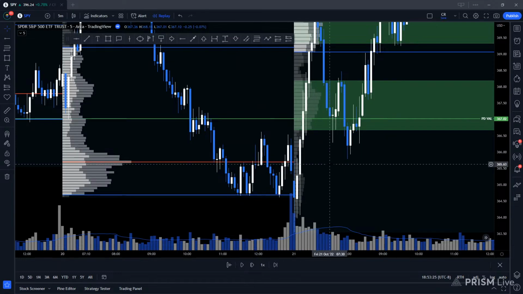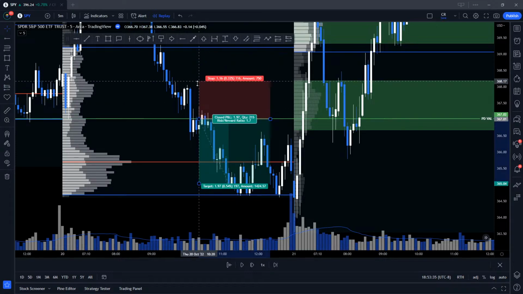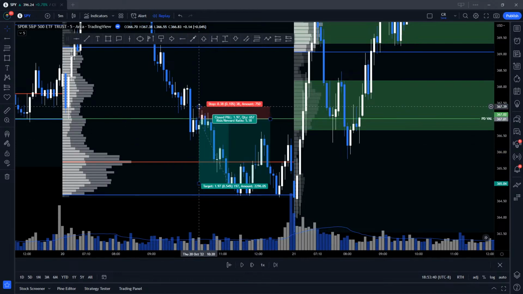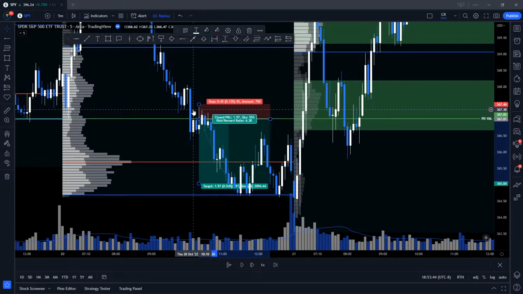And what you want to do is just like I said here, we're going short here. Our stop loss has to be above this wick in case market makers take it, and I meant above this wick here.